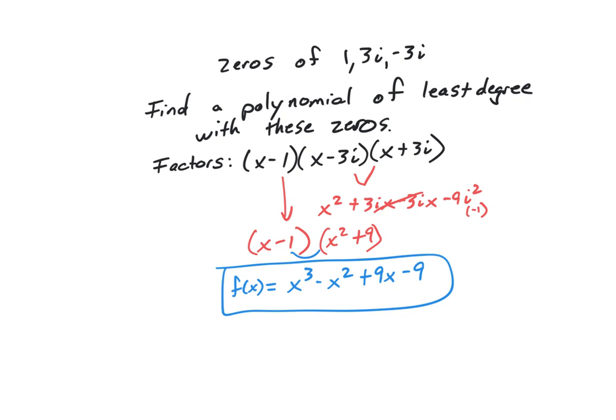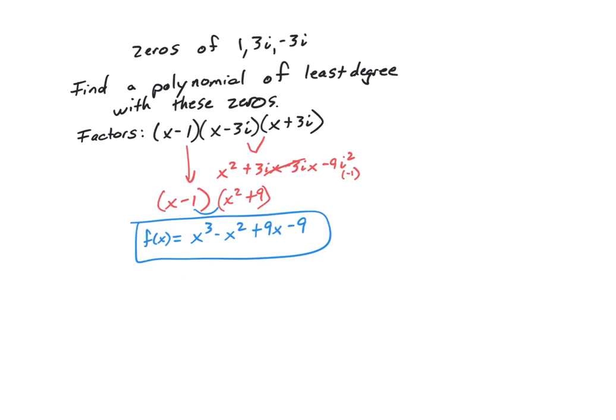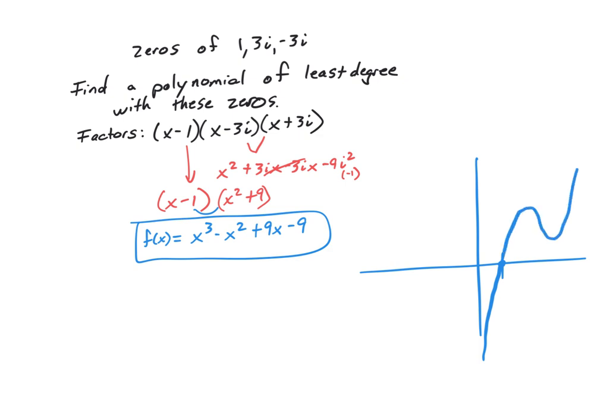I'm not going to take the time to graph this, but if I did graph this one, just to show you what this would look like, I don't know exactly what it looks like, but it's going to take on something similar to that. It's going to cross the x-axis at 1. It's never going to cross it again.